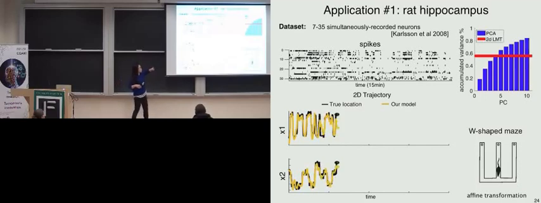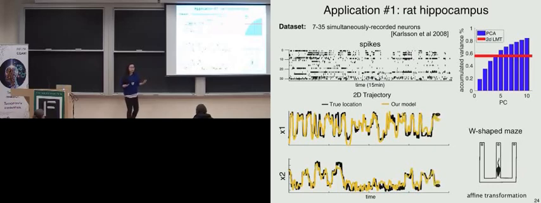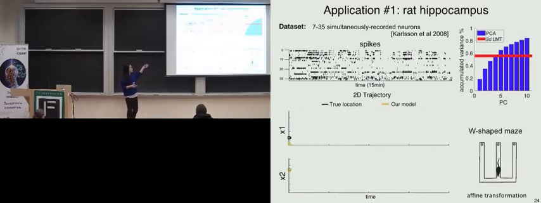In order to plot the yellow curve on top of the black curve, we need to resort to an affine transformation, but it's linear. After applying the affine transformation, you can see these 2 curves follow each other pretty well. So this provides a nice interpretation of the latent trajectory we found, which is the XY coordinate of the mouse in the real spatial location.